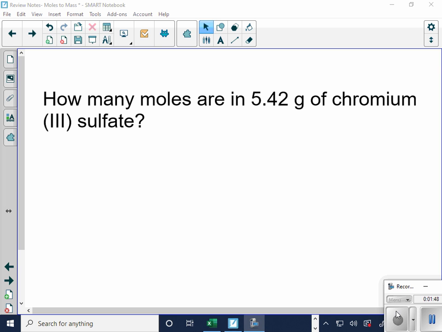Now, you're probably starting to see the picture here, folks, of how much is involved in this particular problem. Number one, I have to take the name, chromium-3 sulfate, and write the formula. Then I have to take the formula and get the molar mass.